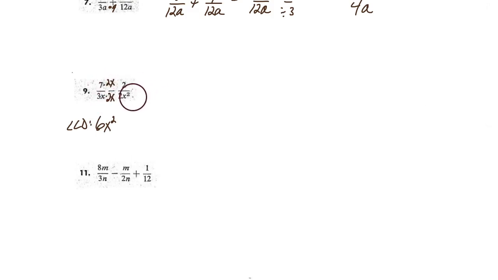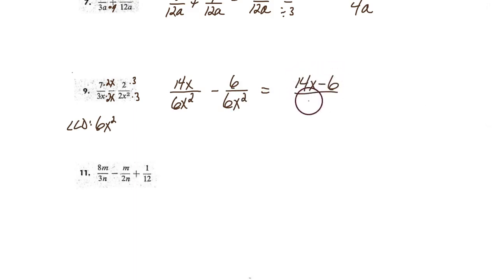This fraction here needs to be times by 3 in order to make 6x squared, and in the top. So this is 14x over 6x squared minus 6 over 6x squared. Now combine like terms. 14x minus 6 all over 6x squared.